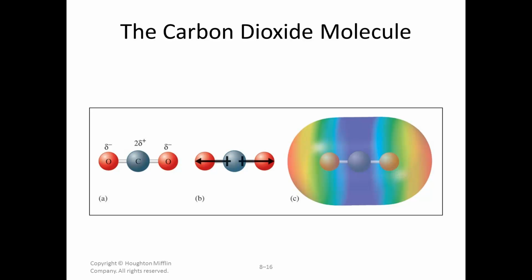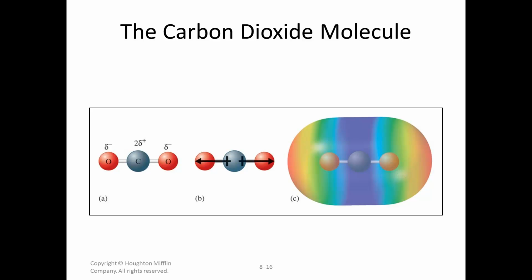The carbon dioxide molecule has this partially positive carbon and partially negative oxygens due to electronegativity differences. This gives us a dipole moment in the direction of oxygen from our carbon.